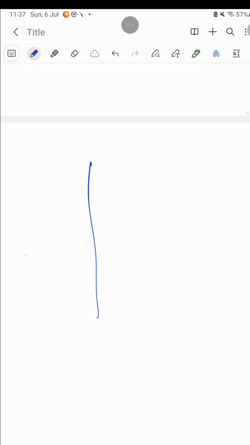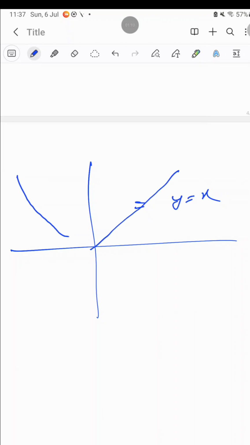Okay, now we'll take an example. This is y equal to x, and this is the graph of y equal to x square.